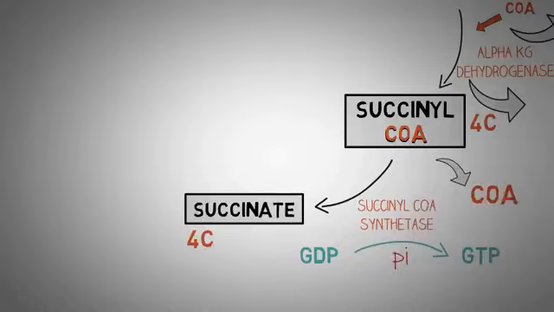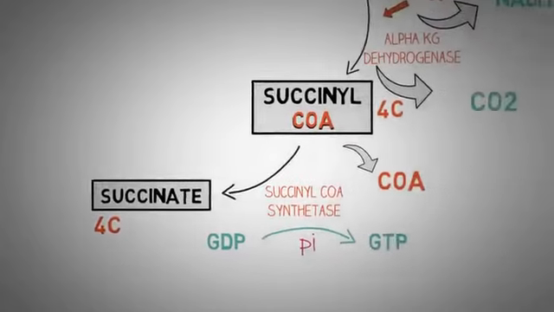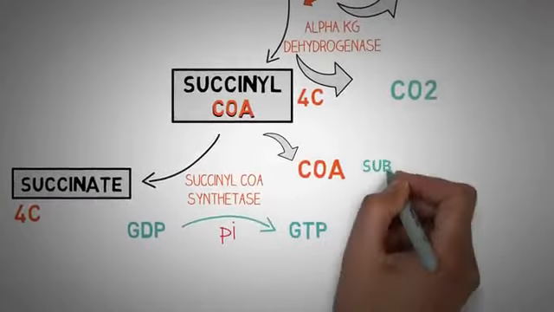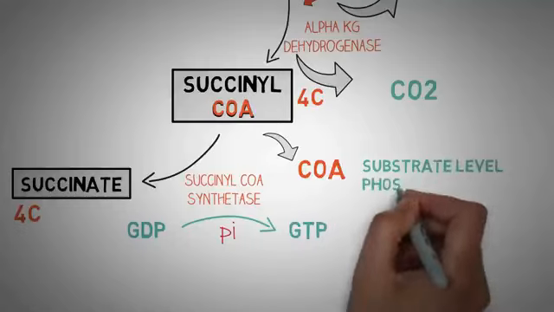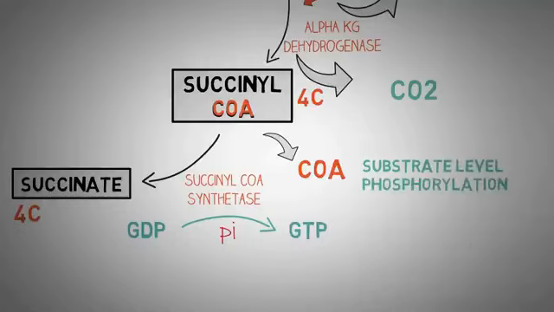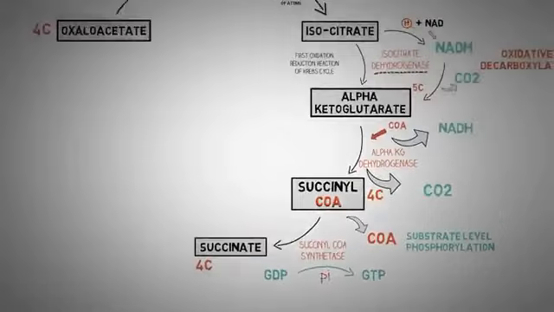So what happens here essentially is that the succinyl-CoA loses its high free energy and its coenzyme A to be converted into succinate and a molecule of GTP. This is an example of substrate level phosphorylation, a process of producing energy that we discussed in detail in our glycolysis video.